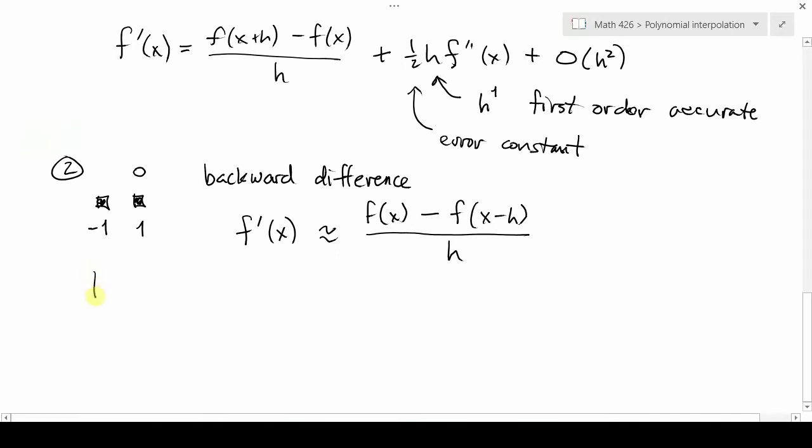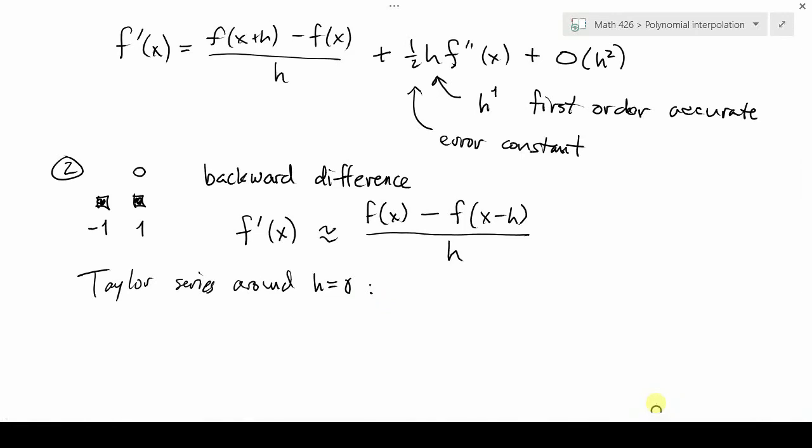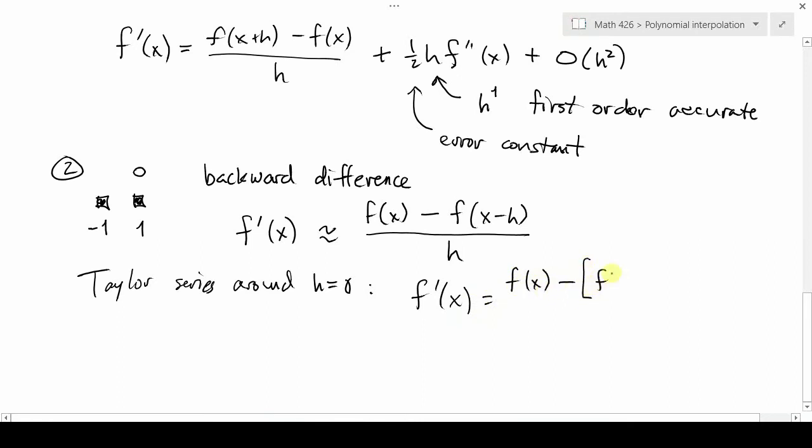And doing the Taylor series around h equals 0. Right, so every other term is negative now. The squared terms are positive. So again, the f of x's cancel out. The first term is f prime of x. The next term is, well, let me write it out. That'll help.